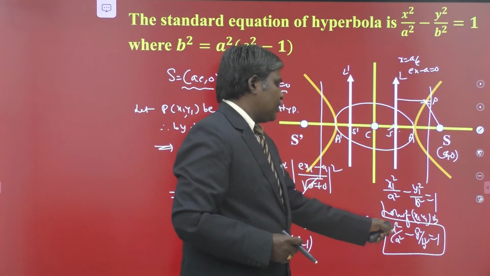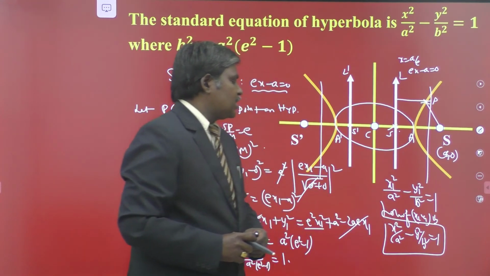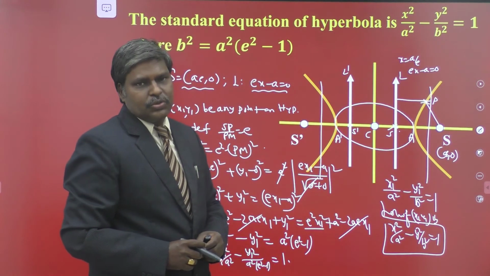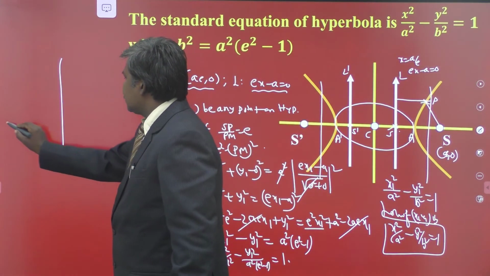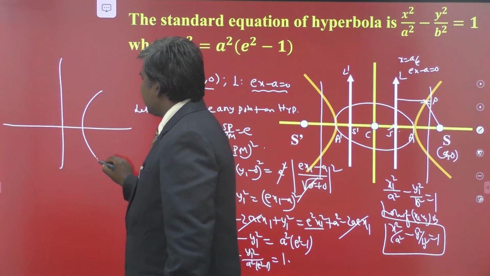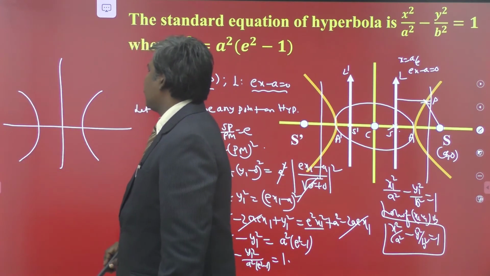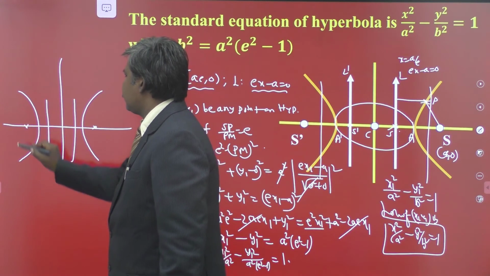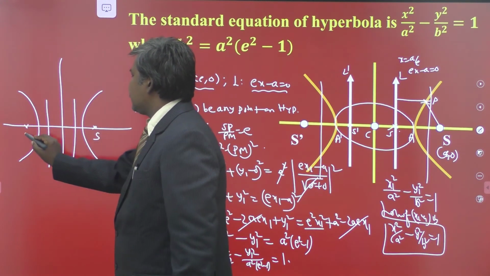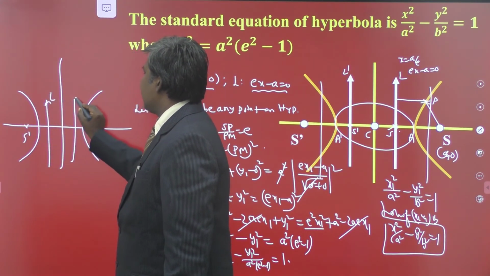Its equation is what, my dears? X square by a square minus y square by b square is equal to 1. It is very easy to draw the diagram. So these are the coordinate axes. There are two branches and these are the corresponding directrices. These are the corresponding foci, S and S dash, L, L dash.